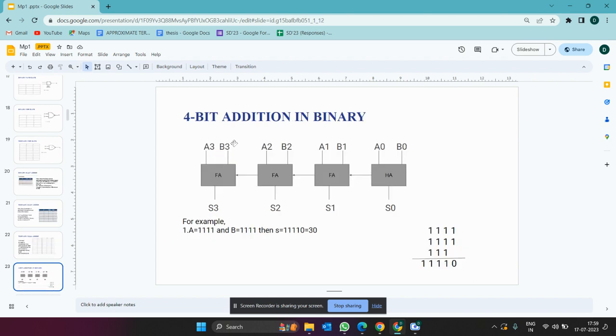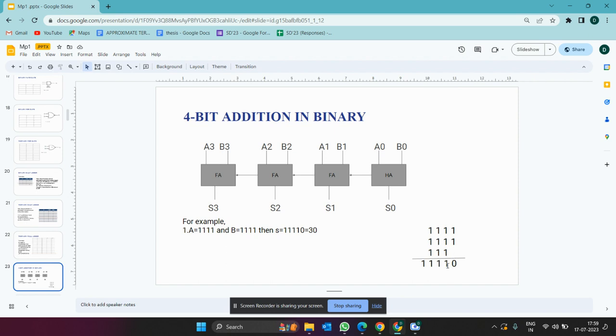And let's get into the 4-bit addition in binary. Here if we take 4 bits, 1 1 1 1, and here 1 1 1 1, as the second bit. So 1 plus 1 is 1 0, so we take 1 as carry and 0 as sum.